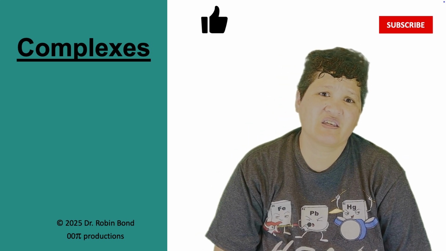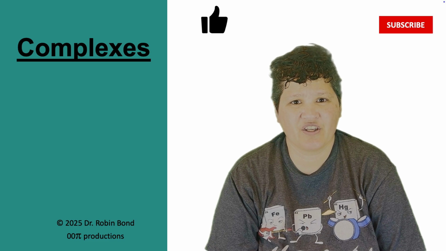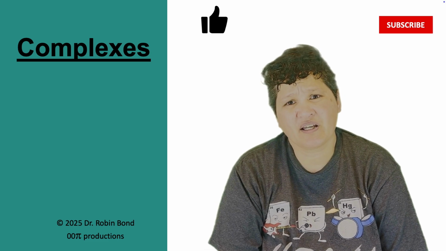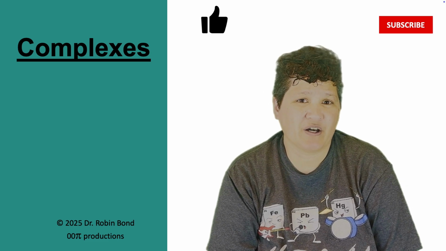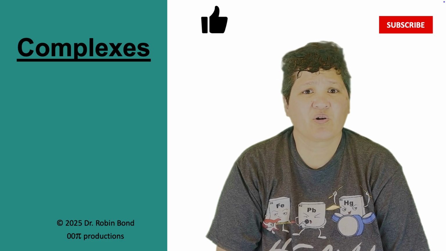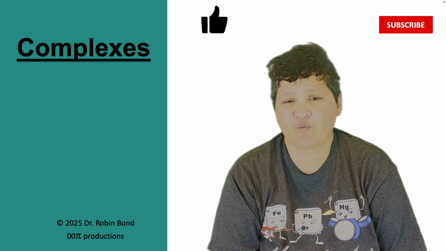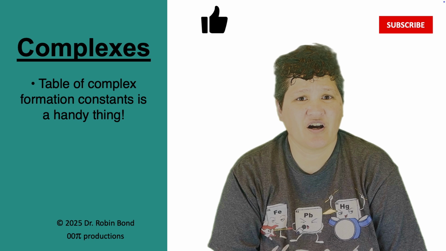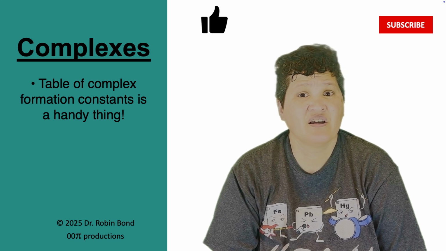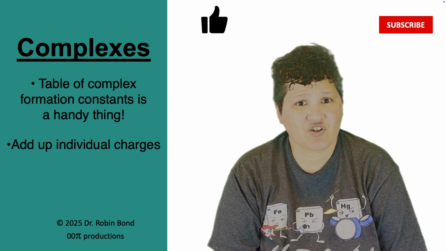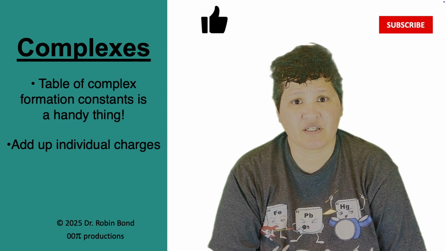And now let's think back to what we've talked about in this video. First, if you're wondering whether a particular ligand will bond with a specific metal, or how many possible complexes it might form with a metal, check out a table of complex formation constants. To find the charge on a complex, add up the charges of each individual component.